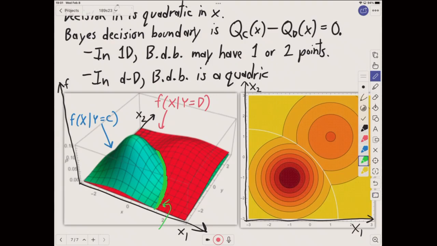And on the right-hand side, you can see the decision boundary is this white curve here separating the two different kinds of isocontours. So this is an example of what you might actually get from doing QDA. Anytime you have a test point and you want to classify it, if it's in the blue region, you classify it as Class C. If it's in the red region, you classify it as Class D.